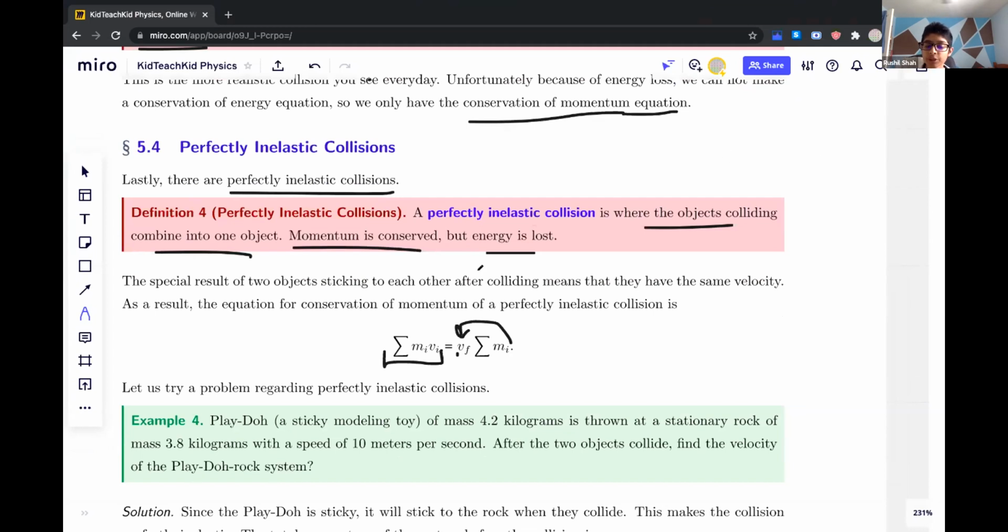Okay, remember to use conservation of momentum when trying the problem. So I'll give you guys a few more minutes to try. So remember, we want to find the total initial momentum of the objects, and this will be equal to the final velocity times the sum of the masses.